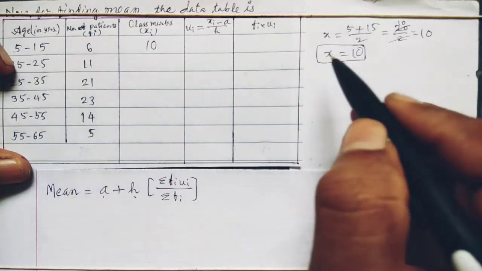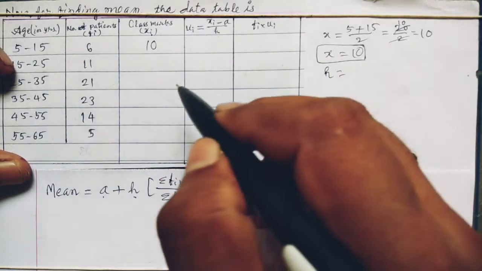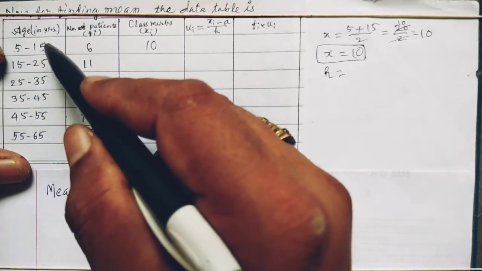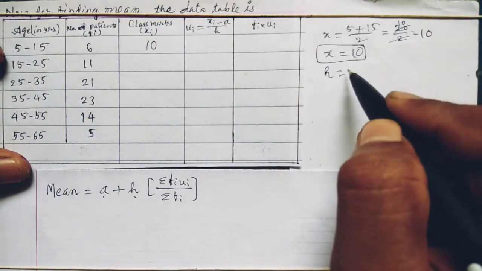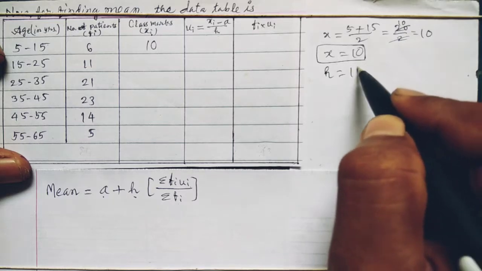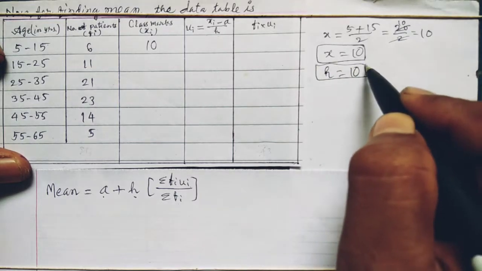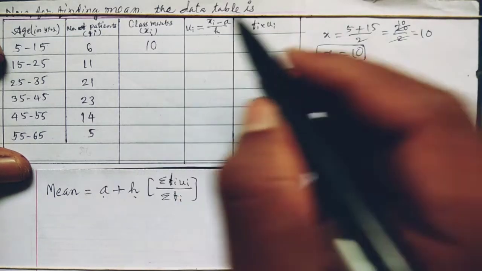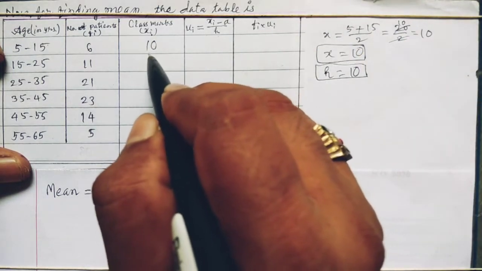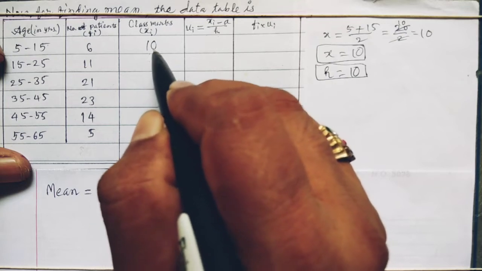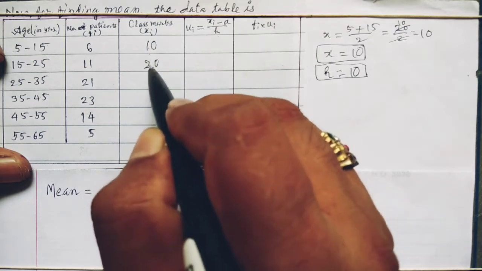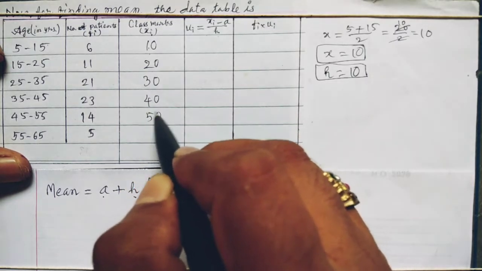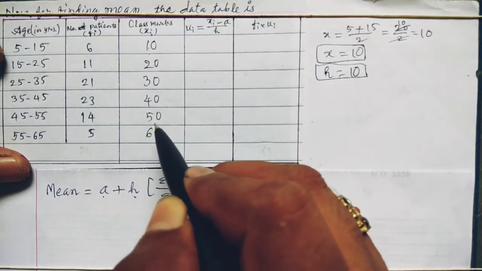Length of the class h is equal to the difference of lower limits or difference of higher limits. So 15 minus 5, 10. So the size of the class, also the height of the class, is also 10. So we have to add 10 for this: 10 plus 10, 20, 30, 40, 50, 60.